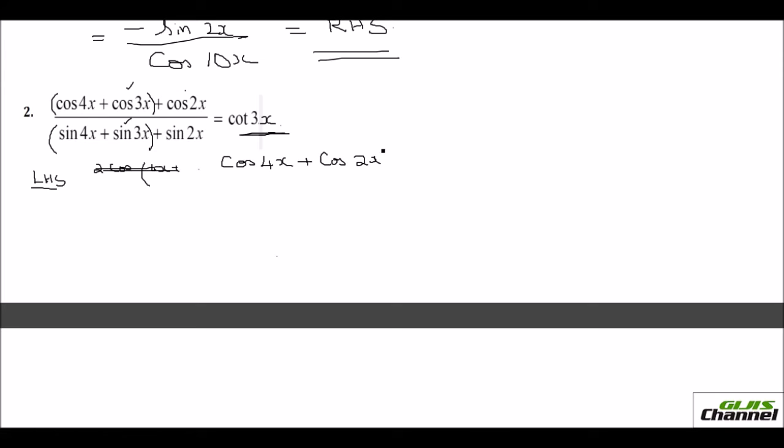And I put them into a bracket plus cos 3x, because finally we need cot 3x. So I'm just making the cos 3x out, okay? And divided by, here too I do the same thing. I put the sin 3x out. So here it would be sin 4x plus sin 2x plus sin 3x, okay?